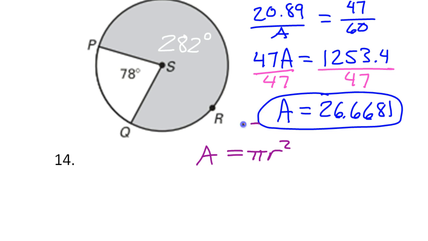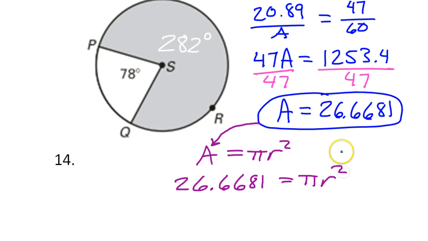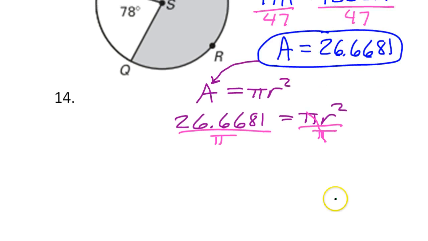So if I plug this in, that gives me 26.6681 equals pi r squared. Now I'm going to divide by pi and take the square root. If I divide by pi on both sides, I'm just going to leave it like that.